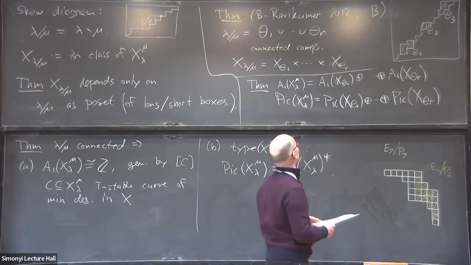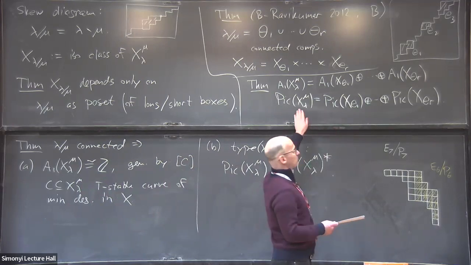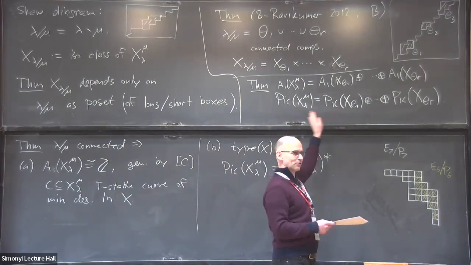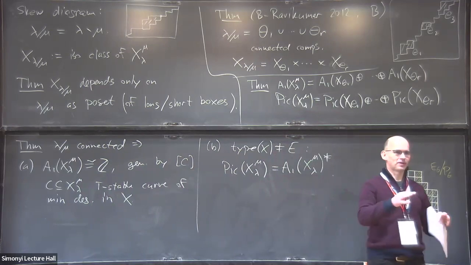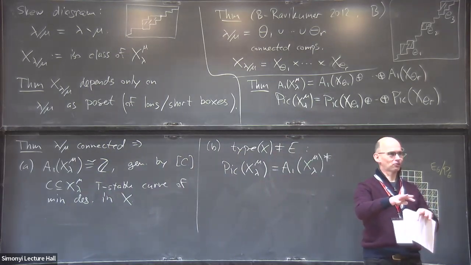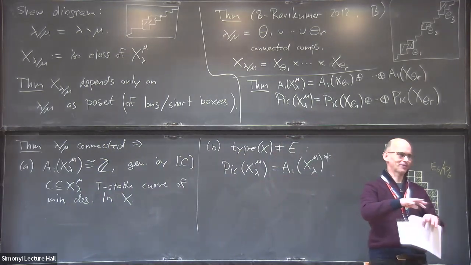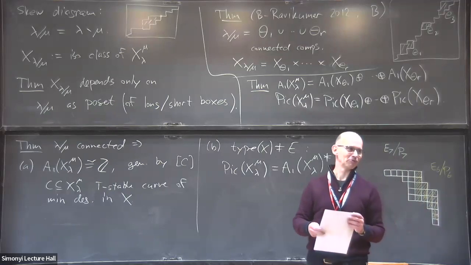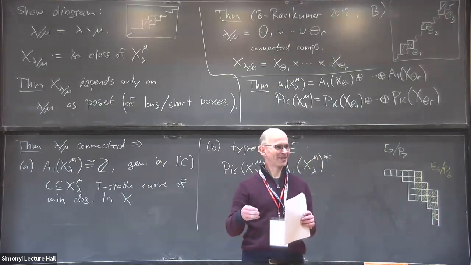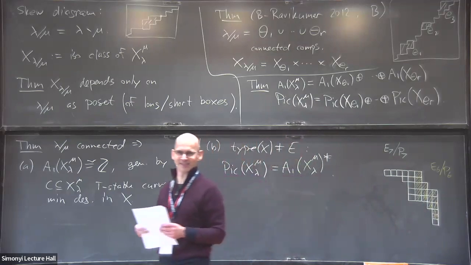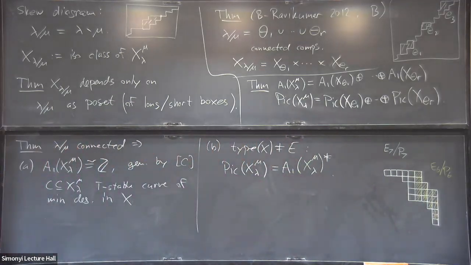Well, that's because either the skew shape is connected to begin with, and then it's vacuous, or the skew shape has components, but those components are so small that they all belong to cominuscule flag varieties of classical types. Like the same Richardson variety can be realized in a type A, B, C, D cominuscule flag variety. There I can handle it.